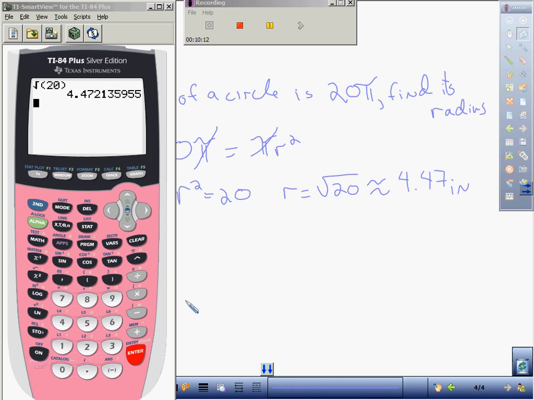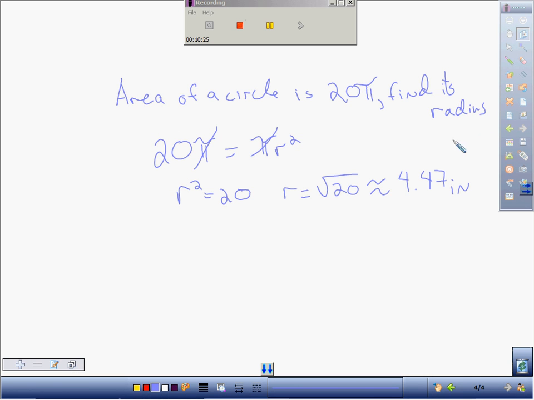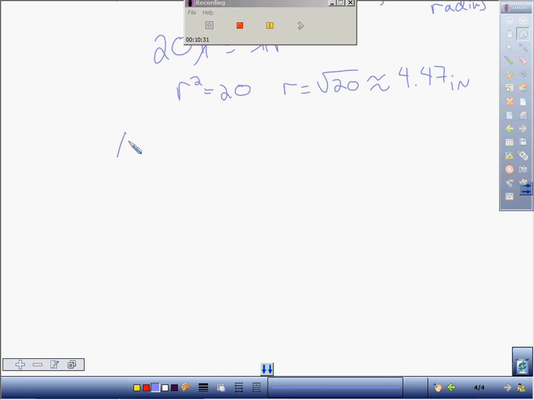So then going the other way, area 25. Now, what if I don't have a pi in it? Okay. So say, for example, the area of a circle is 20 centimeters squared.